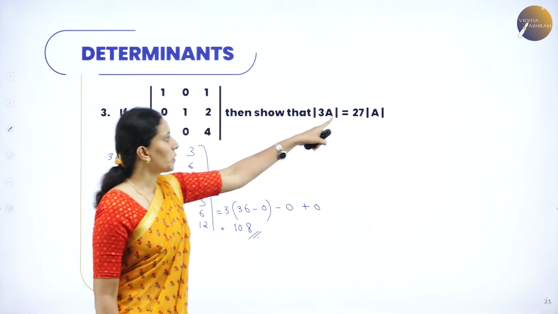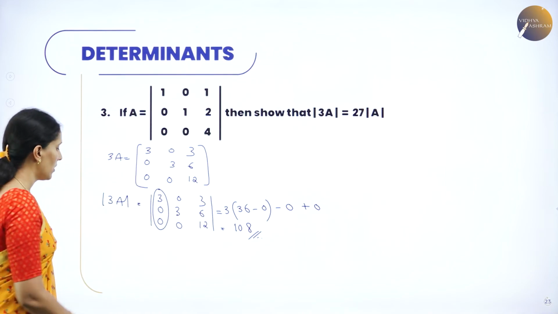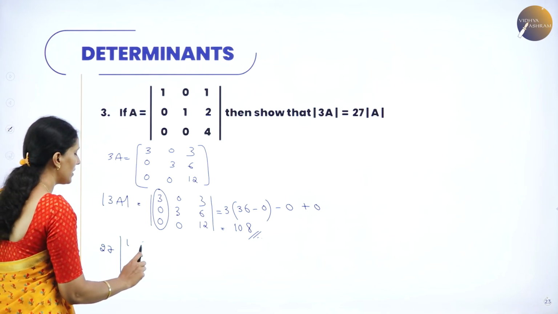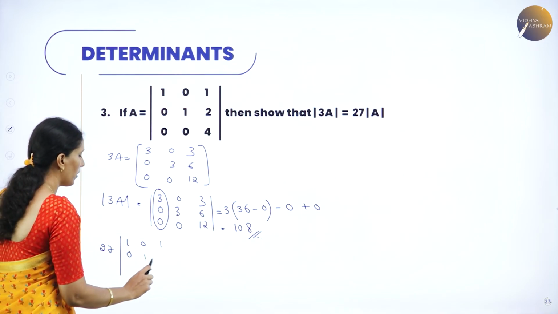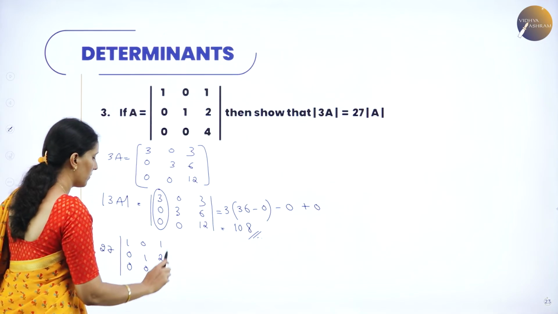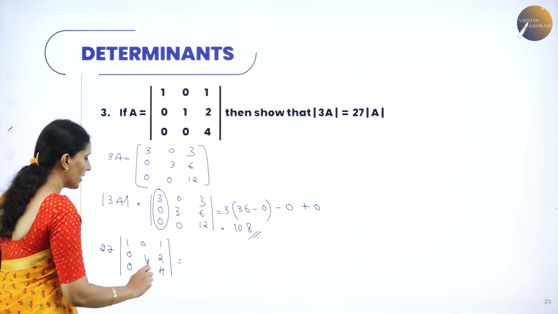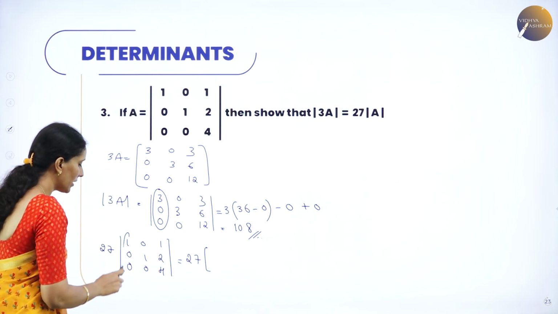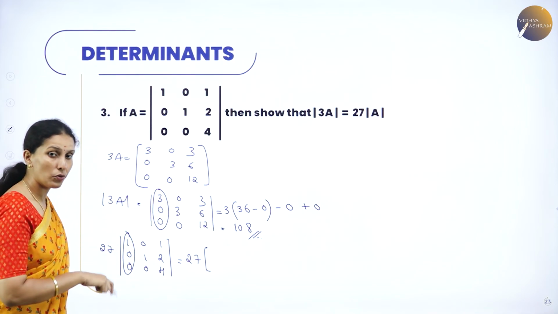Next we have to check 27 into determinant A. So let's see. Determinant A is 1 0 1, 0 1 2, 0 0 4. Let us expand this, 27 into. Again I am using the same first column because I have 2 zeros here.